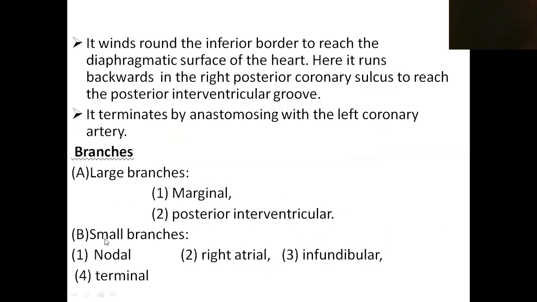Then in addition to that, it gives some small branches. What are they? Nodal branch to the SA node and other parts of the conducting system, right atrial branch to the right atrium, infundibular branch to the infundibulum or outflowing part of the right ventricle, then terminal branches which join with the opposite side artery, means the left coronary artery.